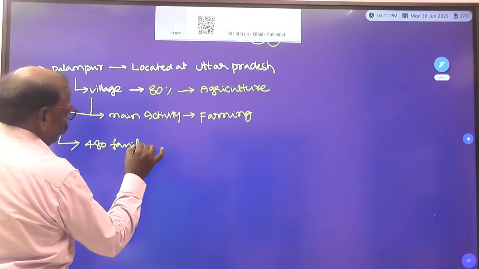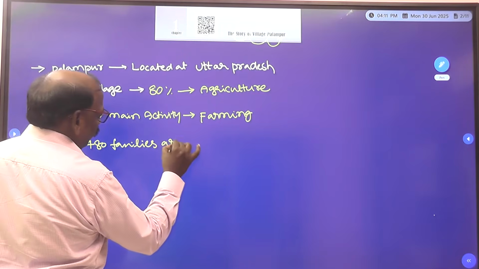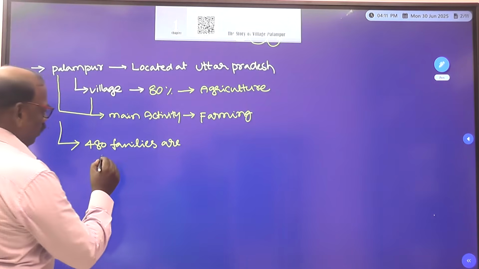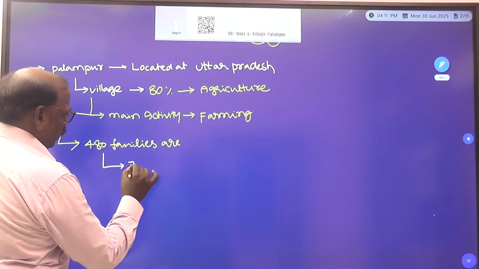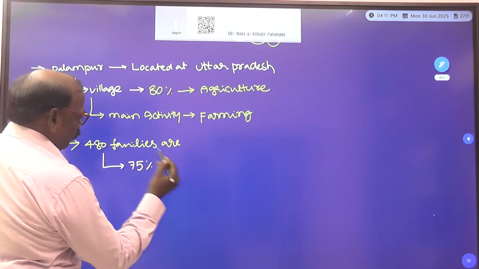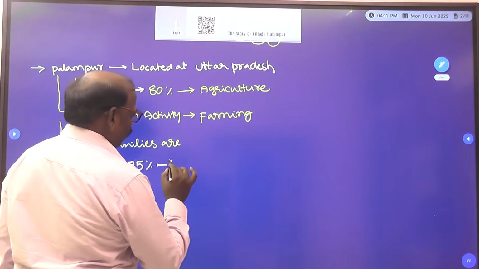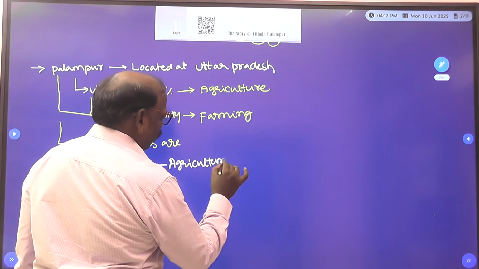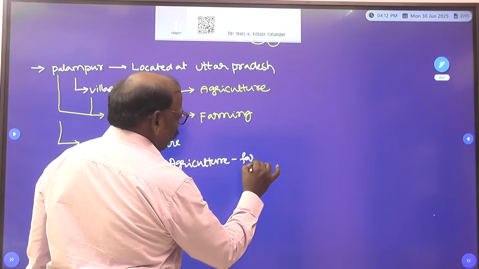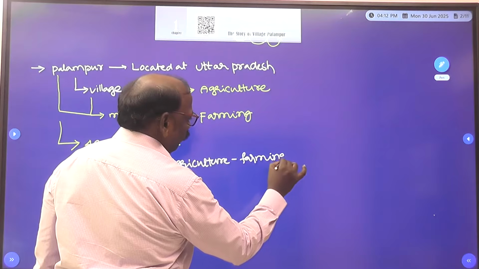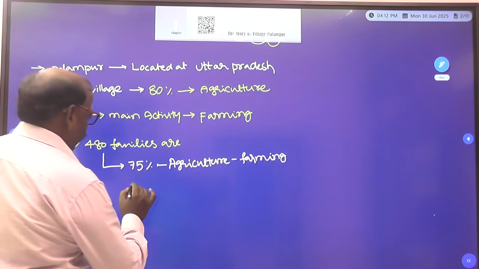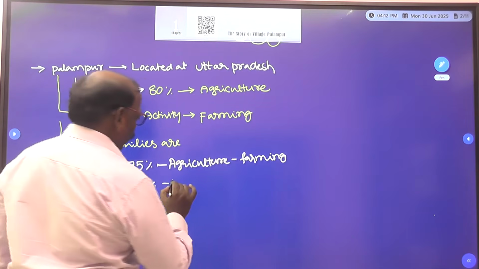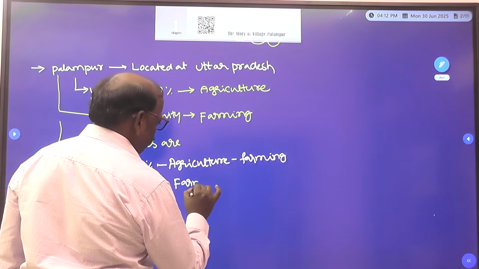Among the 480 families, 75% of the people depend on agriculture, nothing but farming, and 10% of people are working as farm laborers.